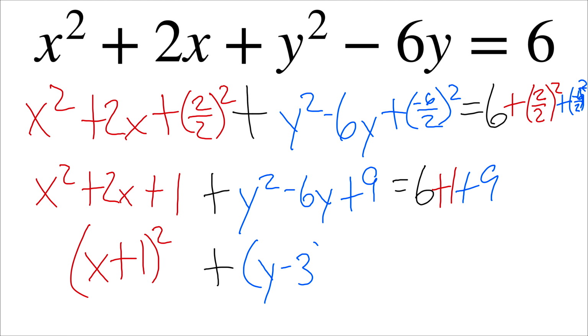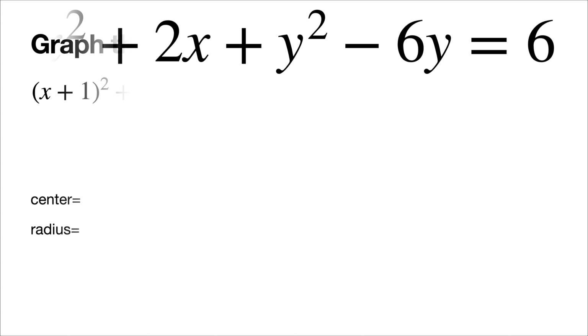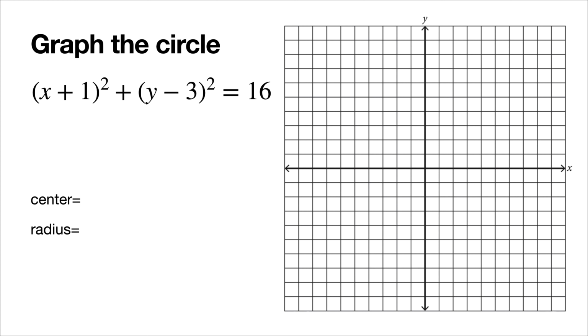So minus 3 squared, and that's going to equal, in this case, 16, because 6 plus 1 is 7, 7 plus 9 is 16. All right, so that's our formula. So x plus 1, y minus 3. Our center in this case is negative 1, positive 3, and our radius is the square root of 16, so 4.